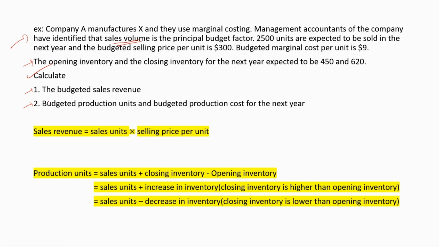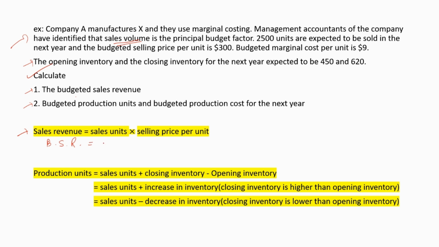As we discussed earlier, they have given the principal budget factor. So first of all, we have to prepare the budget for the sales. You already know how to calculate the sales revenue. Sales revenue is equal to sales units multiplied by the selling price per unit. Now let's calculate the budgeted sales revenue, which is equal to budgeted sales units.